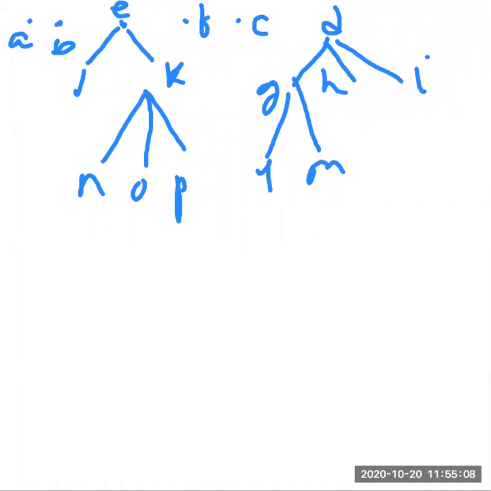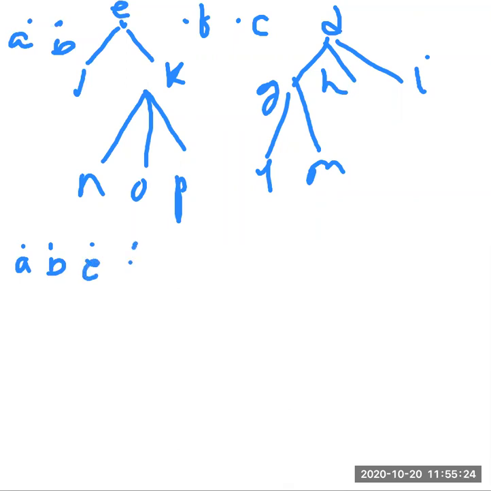Now, visit the subtrees from left to right. So next, after B, the left subtree is under E. It will be A visited, B visited. Now the root of the left subtree, that is E, is visited, and the tree will get split into 2 parts.